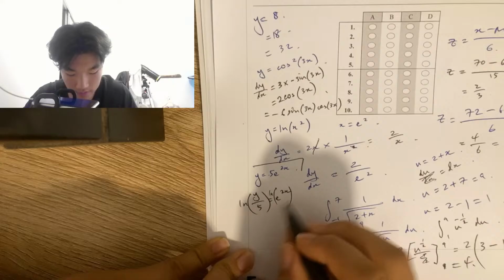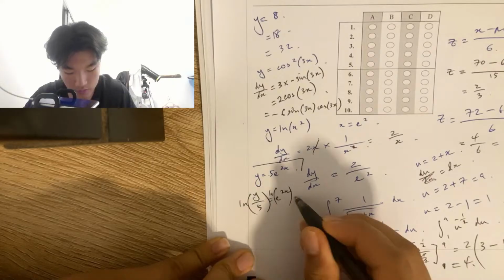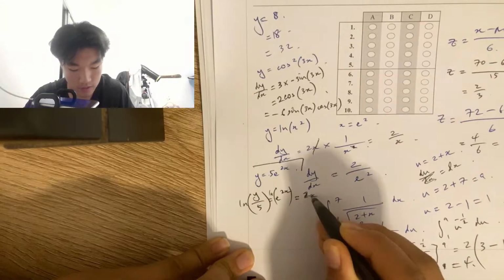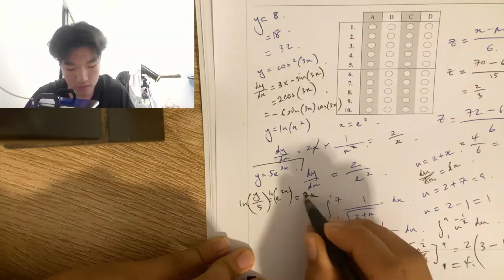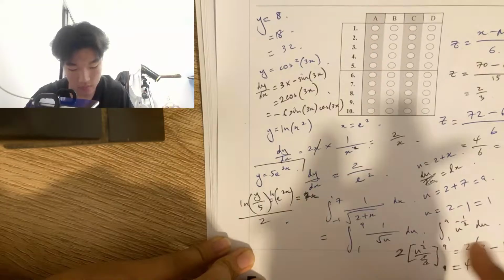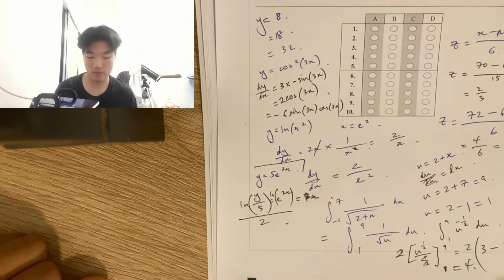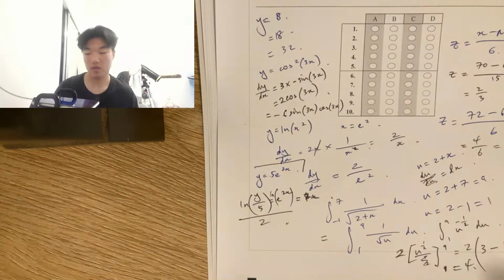Then we're going to use our log laws, so we're going to make the power the coefficient, so it becomes 2x. And then we're going to divide by 2 on both sides, giving us x. So it's ln of y over 5 divided by 2.